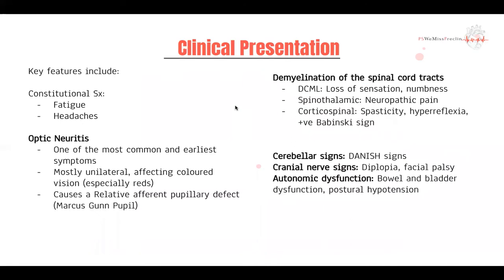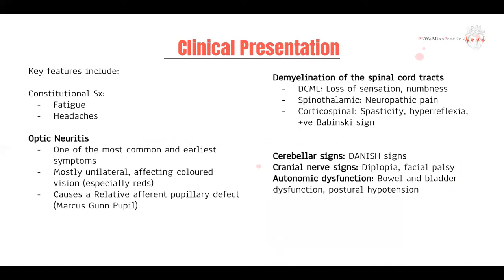In terms of clinical presentations, you can have constitutional symptoms like fatigue and headaches, which, as you can imagine, would be common for someone undergoing such a widespread inflammatory response. A few specific ones that are important to talk about. Firstly, optic neuritis. This is one of the most common and earliest symptoms that they note.